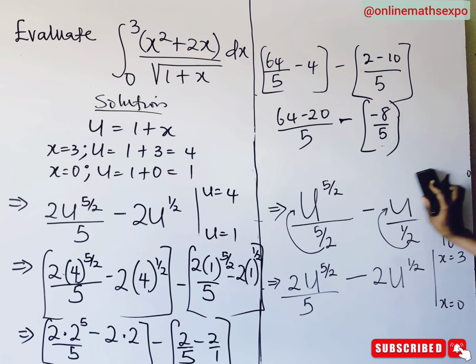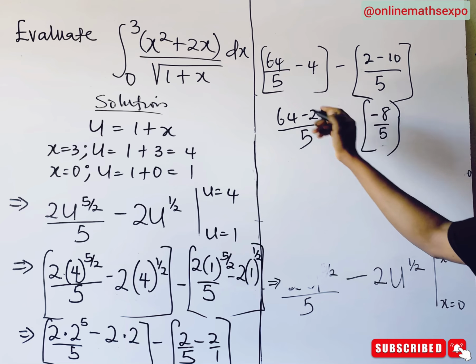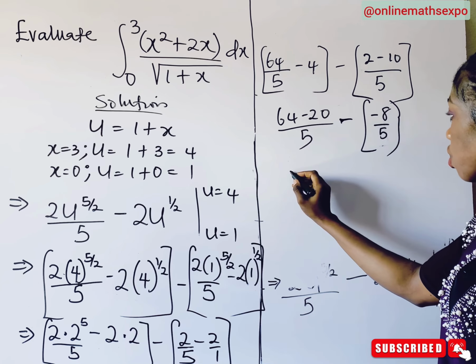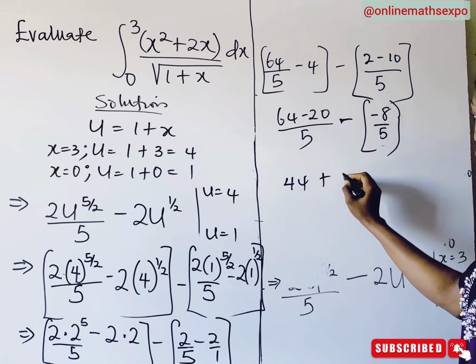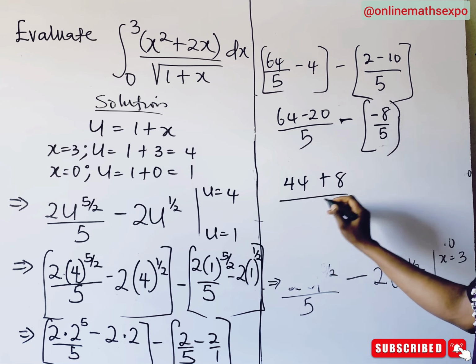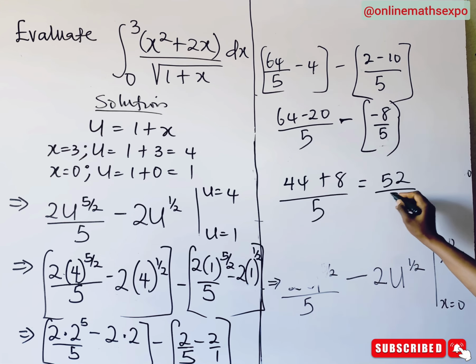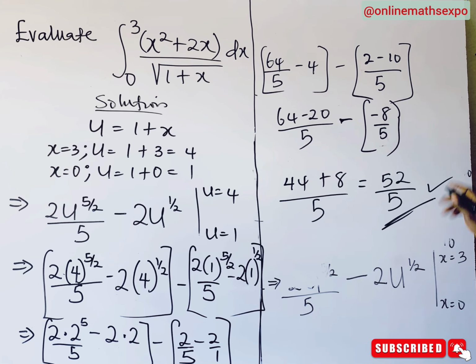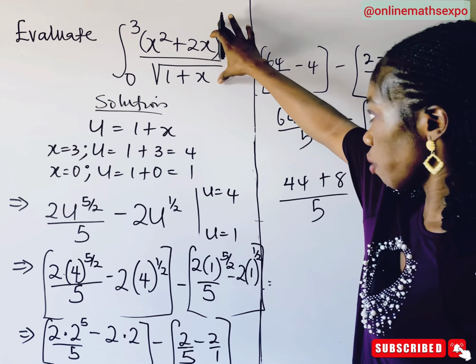When you simplify further, remember you can still use a calculator at this point. Subtract this, you have 44. If you open this, you have positive 8 and the denominator is the same. So add this up, it will give you 52 all over 5. And this becomes your answer for integrating this particular question.